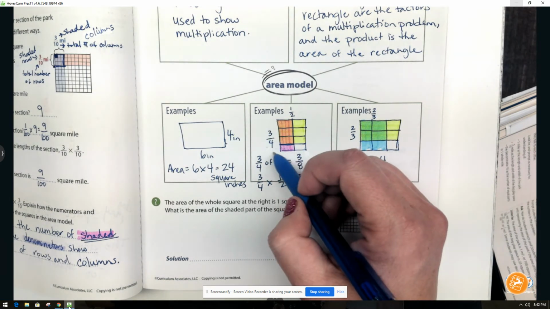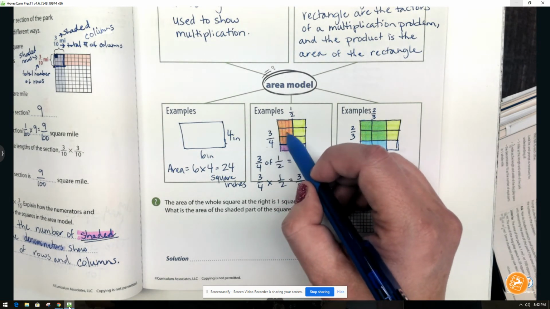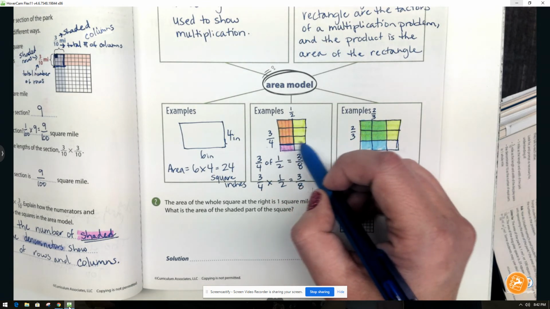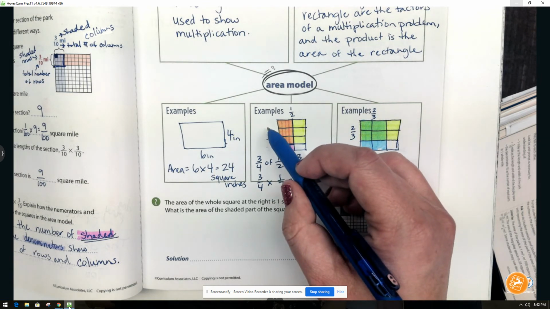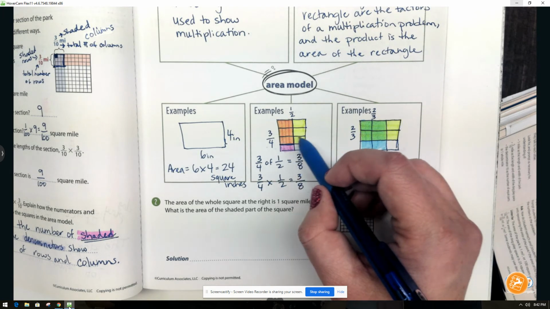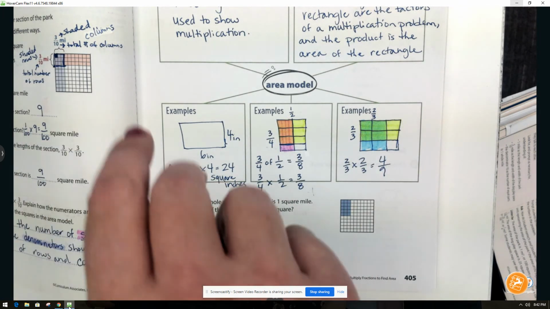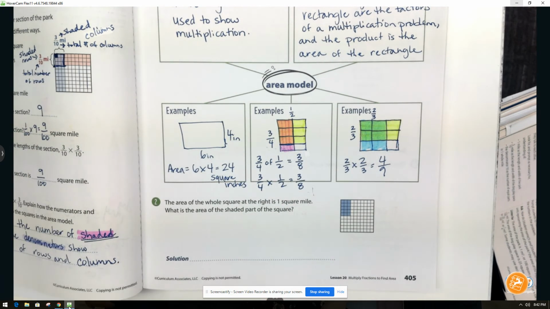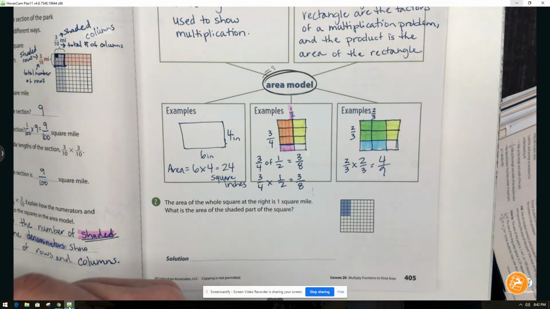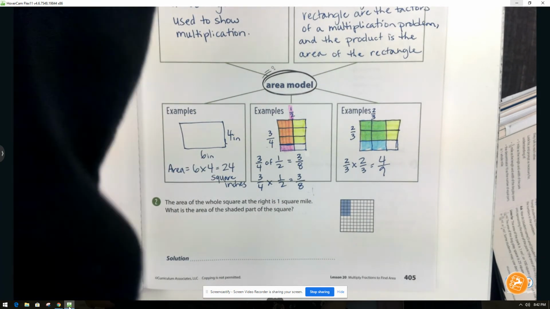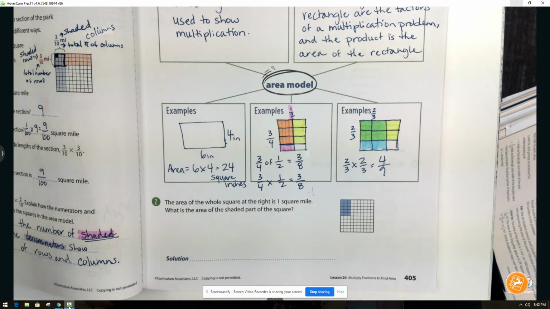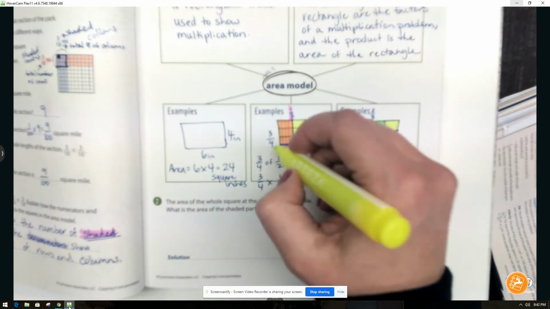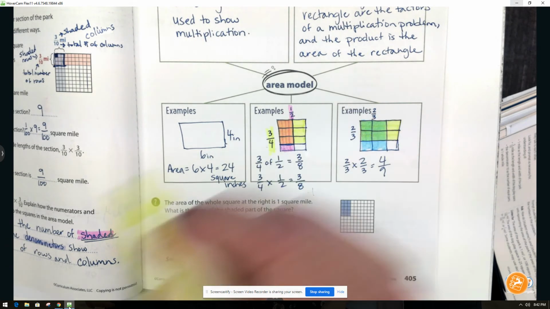Then we go to the other factor. The denominator, the 4, tells us how many parts are in the rectangle, and then the numerator tells us how many we're going to shade in. In this case, our pink section is the half, showing us half of the area model, and then the yellow is showing us the 3/4.